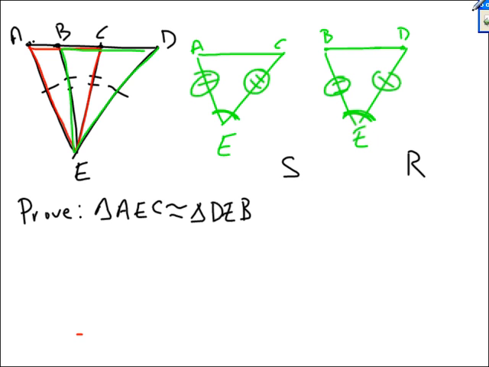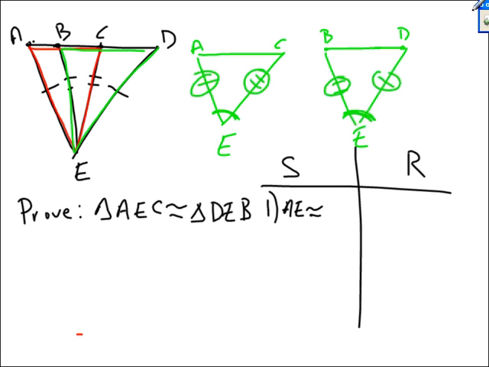Statement, reasons. One, you have that AE is congruent to DE, and you have BE and CE. The reason? They were given.